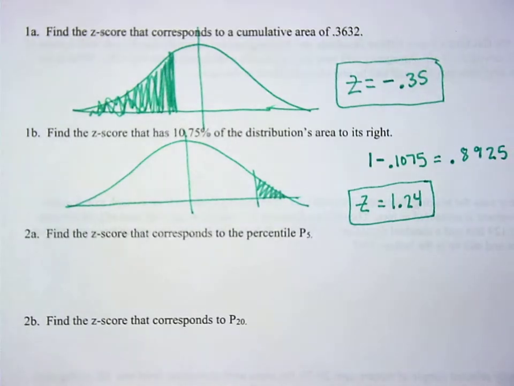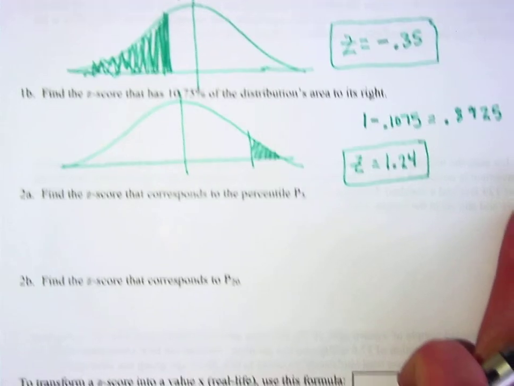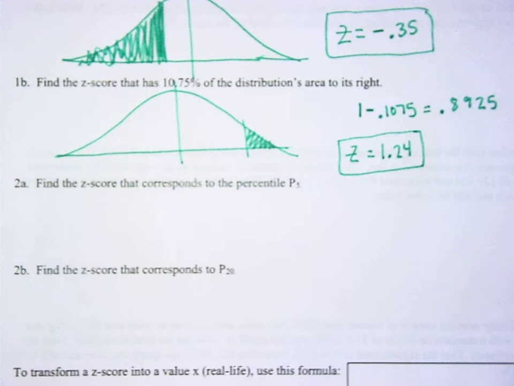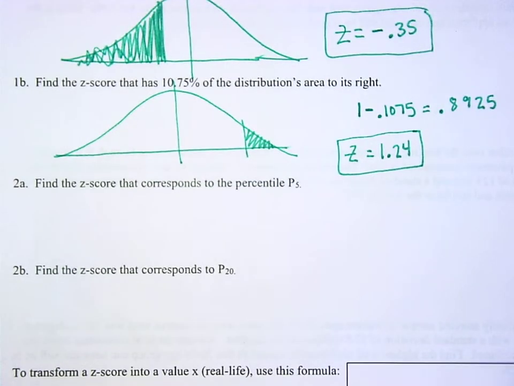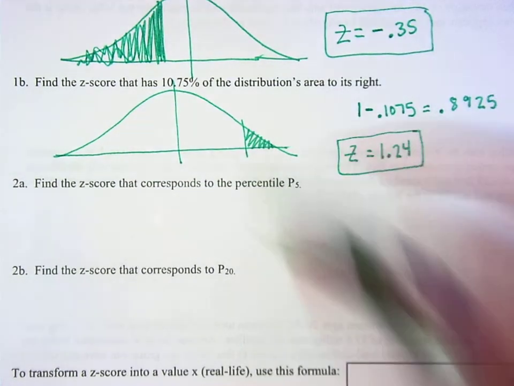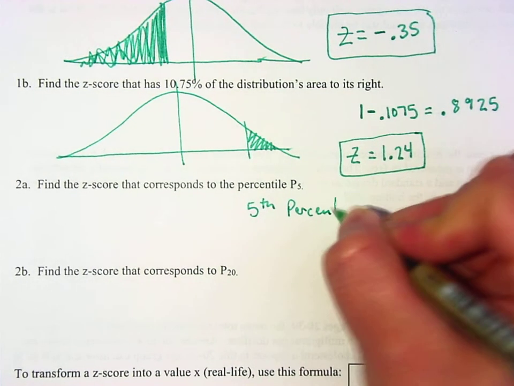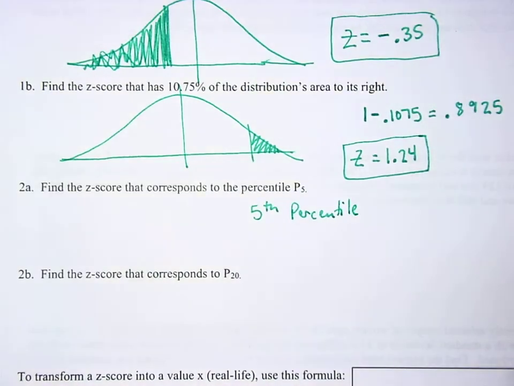Okay. All right. Next up, find the z-score that corresponds to percentile P5. If it says P and has a little 5 below it, that's the 5th percentile. So what are you guys going to be looking up? 0.05 in the middle of the table.